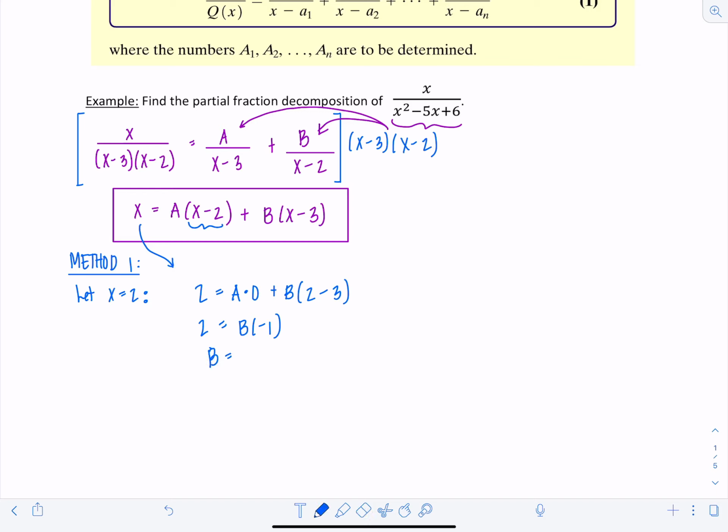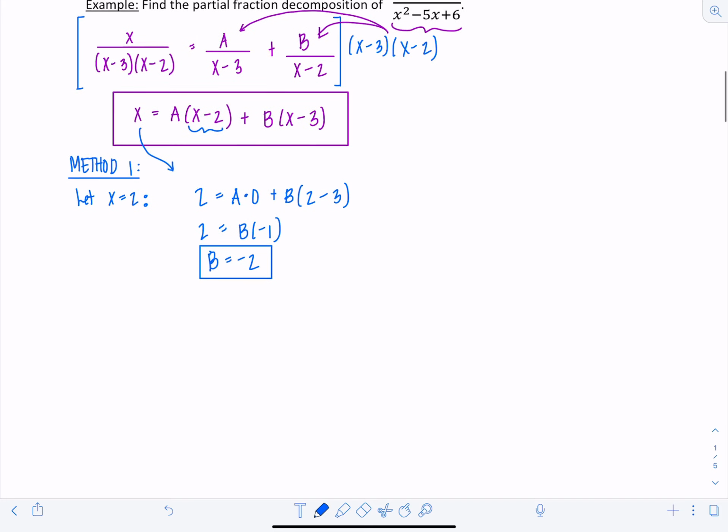And then similarly, if you want to solve for a, all you would do is substitute in what would make the other factor, x minus 3, 0. So you would let x equal 3. And then 3 would equal a times 3 minus 2 plus b times 0. 3 minus 2 is 1, so then we get a equals 3.